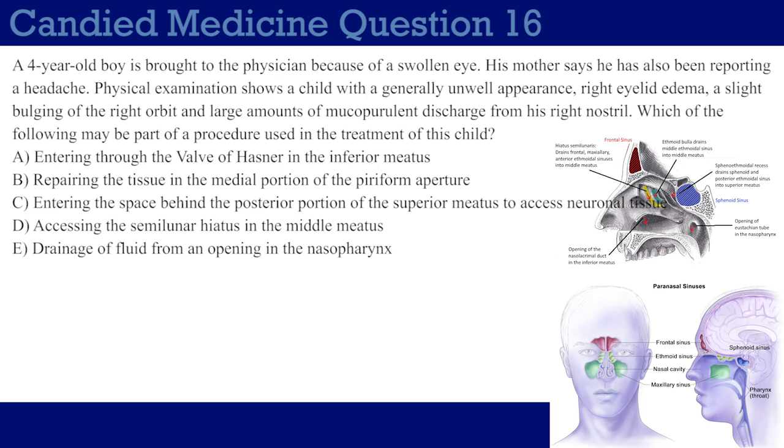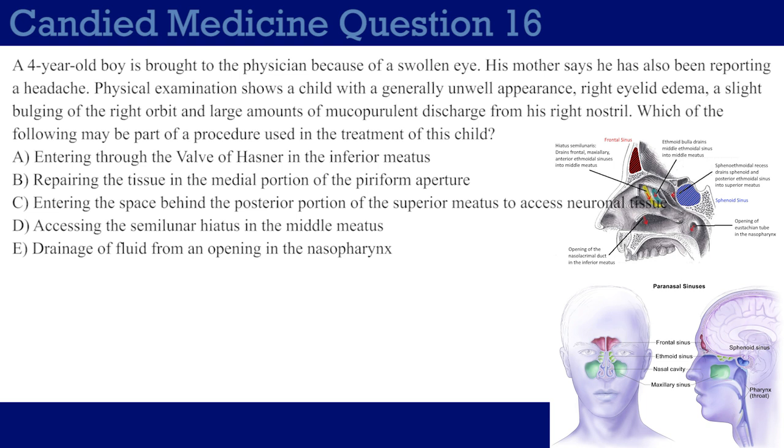And then finally, you have the posterior ethmoid sinus plus the sphenoid sinus, both draining into the appropriately named sphenoethmoidal recess. So that's not hard, right? So again, frontal, ethmoid, maxillary, all into middle meatus, sphenoid and ethmoid into superior meatus.